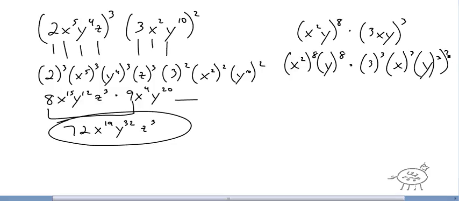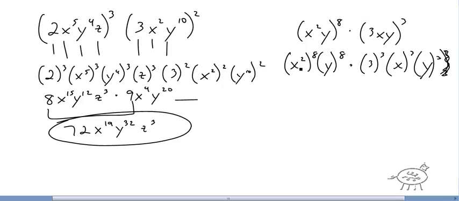Oops, that's supposed to be on the other side. Okay, and then let's multiply it all out. So it's going to be x to the 16th, y to the 8th, times 27, x to the 3rd, y to the 3rd.